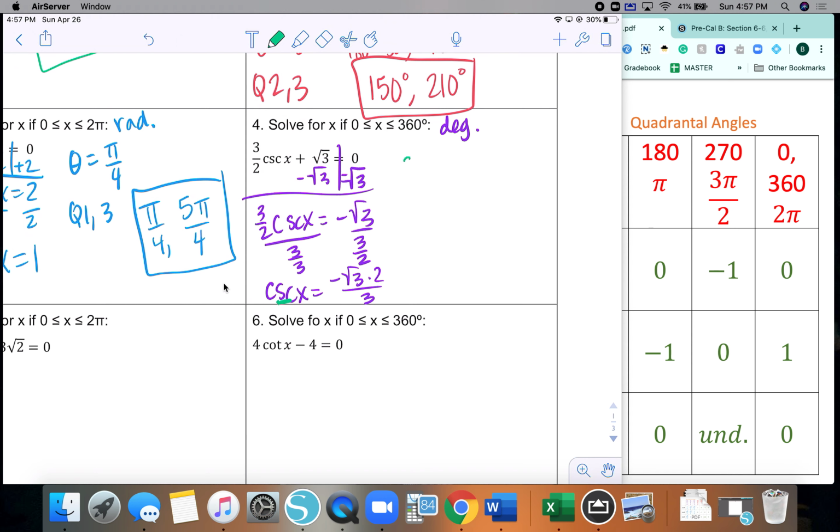And then I'm going to flip this whole thing to put it into a sine, cosine, or tangent. So this one would be sine x equals 3 over negative 2 square root 3. So we would shove it and leave it, and the 3's would cancel. So negative square root 3 over 2.